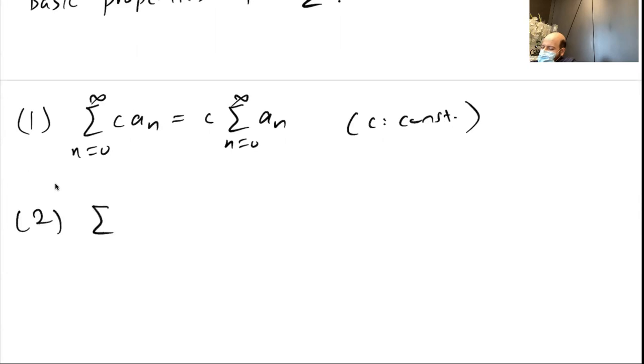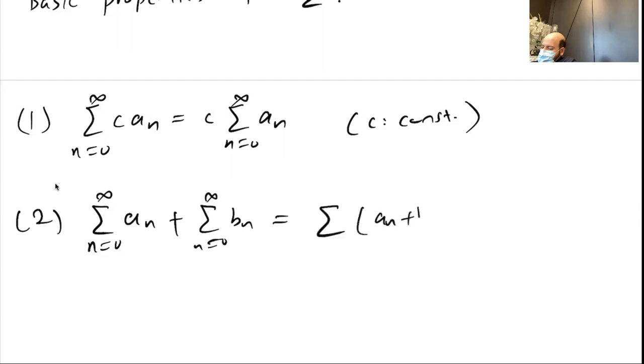Now the second property: the sum of a_n from 0 to infinity plus the sum of b_n from 0 to infinity can be written as the sum of (a_n plus b_n) from 0 to infinity. So the sum of two sigmas can be written this way.